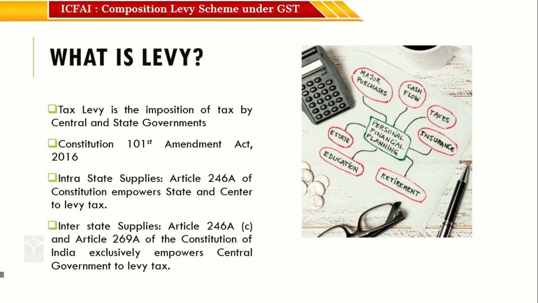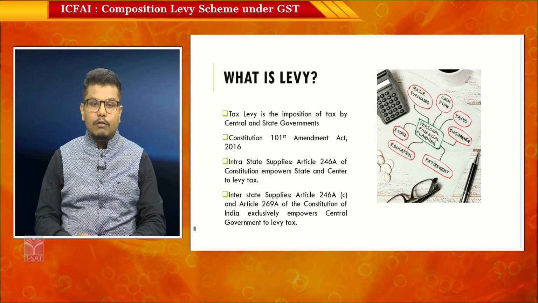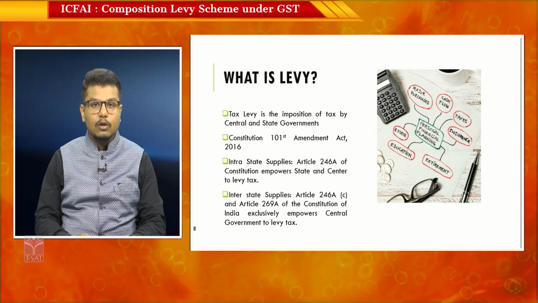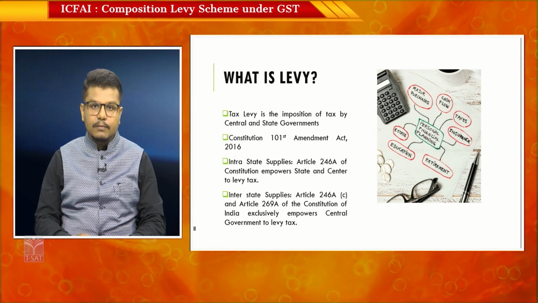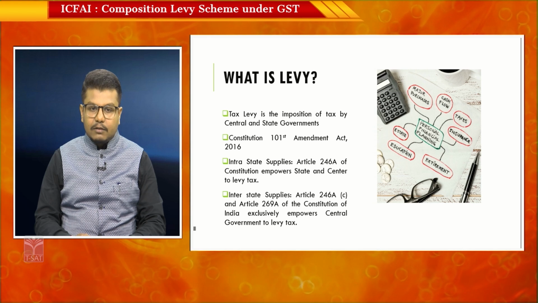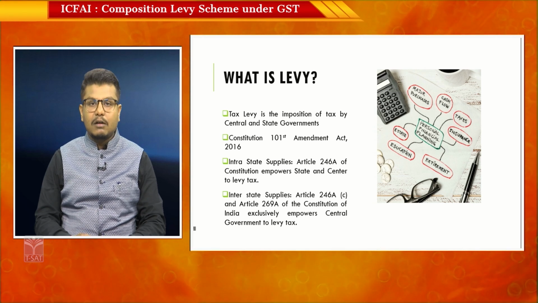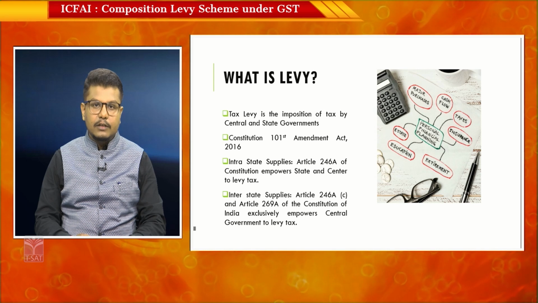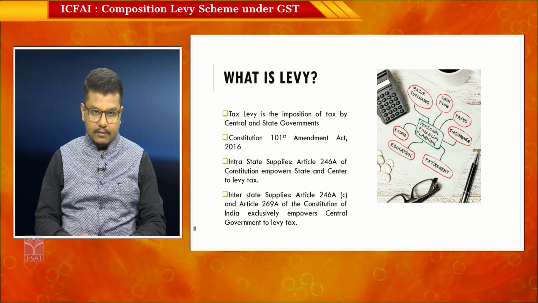By virtue of Article 246A, the center and the state have the power to impose taxes with regard to intrastate supplies, and by virtue of Article 269A and Article 246A Clause C of the Indian Constitution, the central government has exclusive power to impose taxation on any kind of interstate supplies.